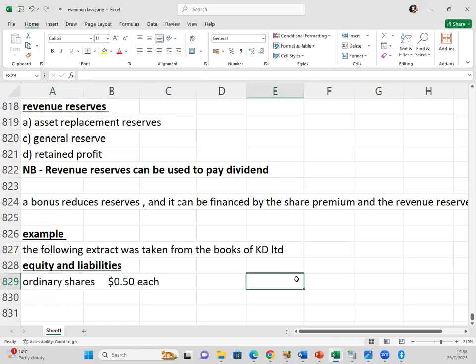Then they can give us a value, let's say 200,000.